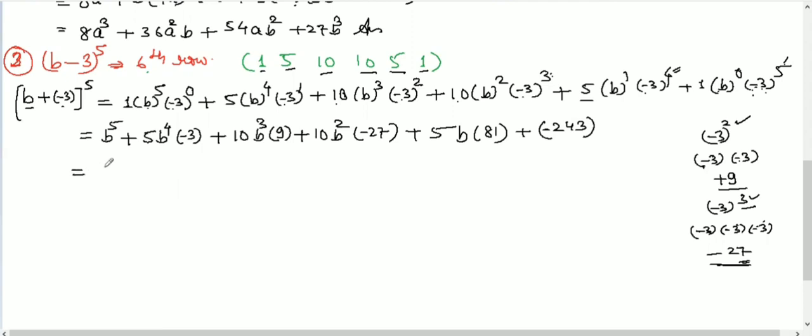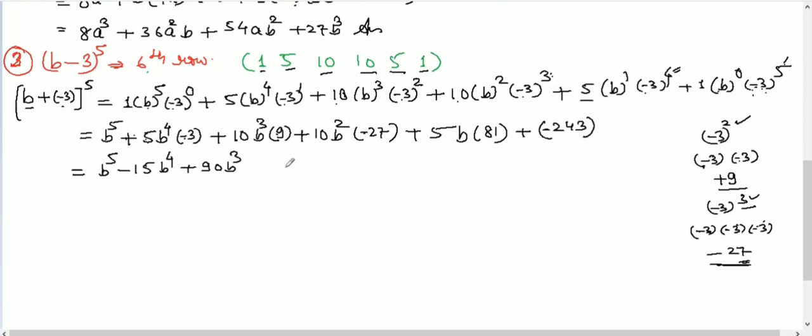Now one more step we will do here: b to the power 5, and now plus everything we calculated, now the signs will be multiplied. So plus minus minus; first multiply the signs and then the numbers. 5 multiplied by 3 is 15, b to the power 4. Then plus sign, 10 multiplied by 9 is 90, b to the power 3.